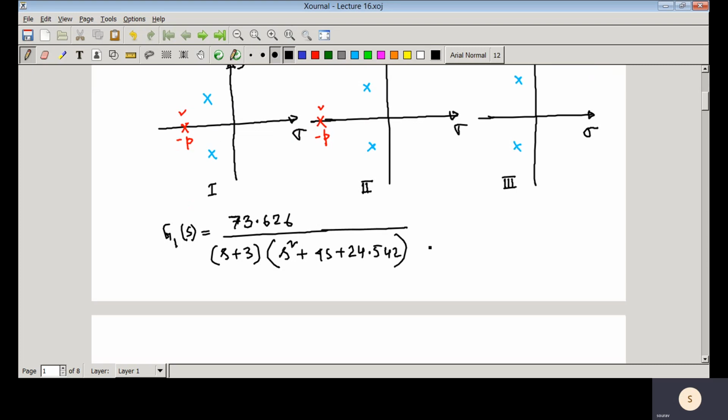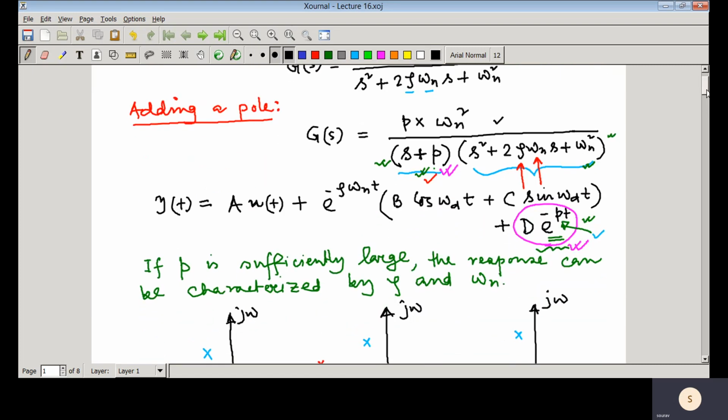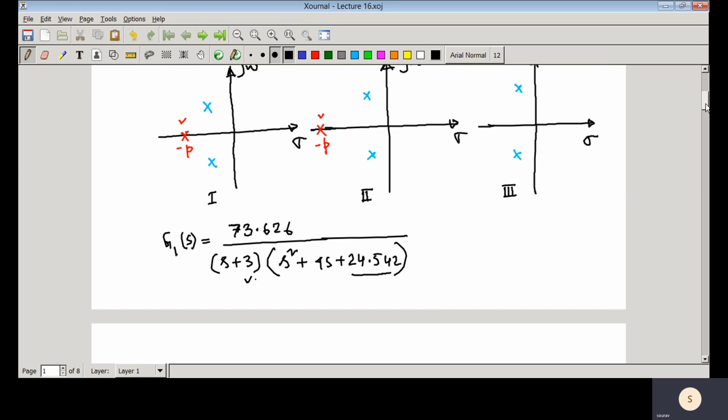So suppose this is a transfer function, and here you can see whenever we have introduced that pole, then to make it normalized, that is 24.543 into 3, as we have discussed here. So this transfer function is represented in normalized form.